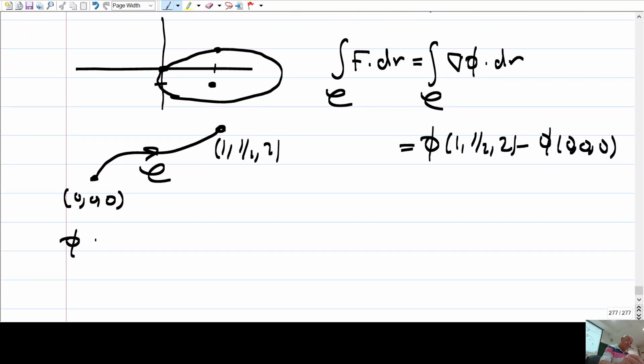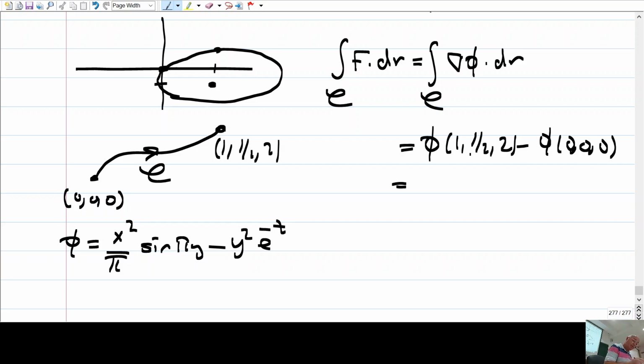So you just need to compute this at the endpoints. Phi was this function, the one we computed: x squared over pi sine pi y minus y squared e to the power minus z.